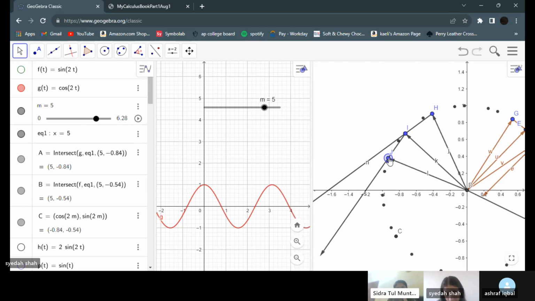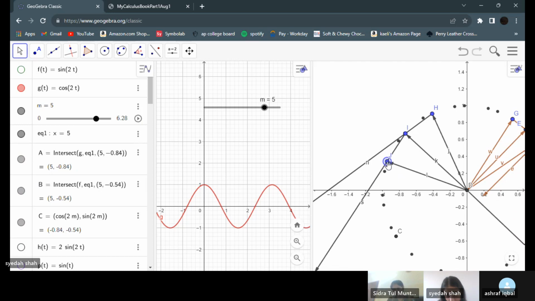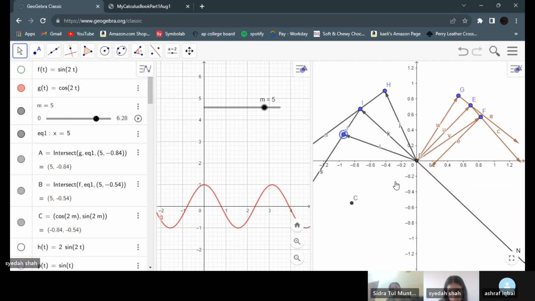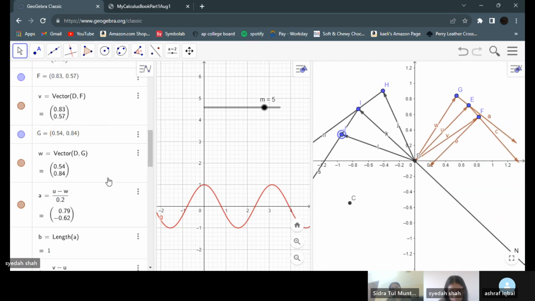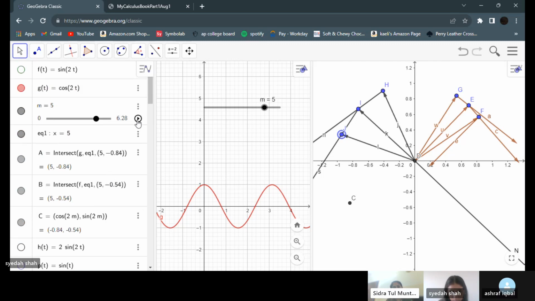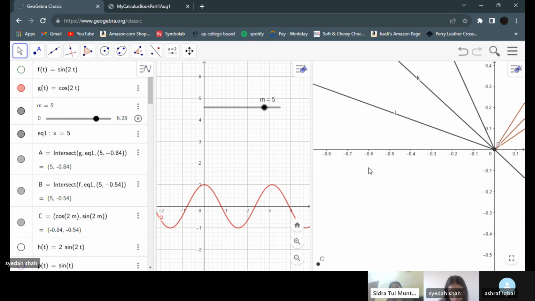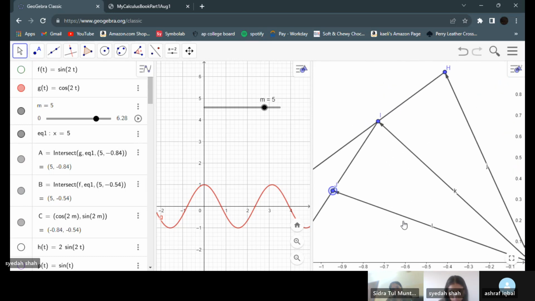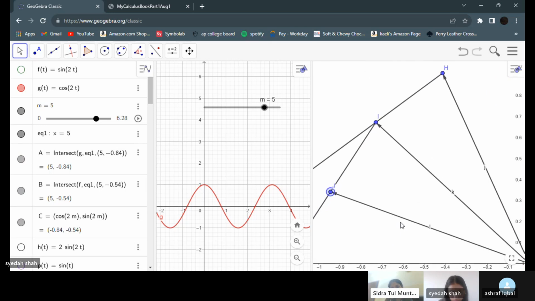So first, no, actually the points were fine. First zoom it. Zoom it so that it is right on the second quadrant only. Yes.